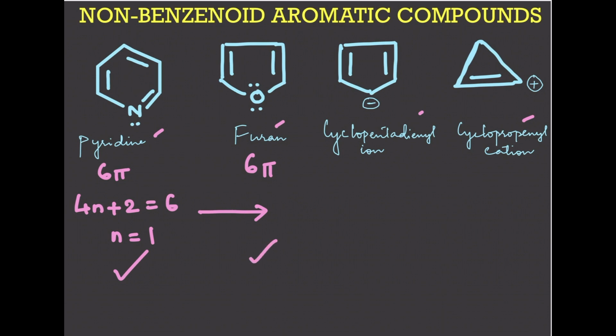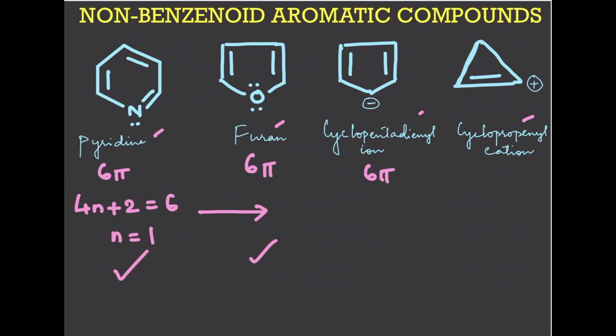There are some aromatic ions also, which can behave as aromatic, like the cyclopentadienyl ion. In the cyclopentadienyl ion, just as in furan where the lone pair was involved in conjugation, here the negative charge is involved in conjugation with these 2 sets of pi electrons. So altogether we will count them as 6 pi electrons.